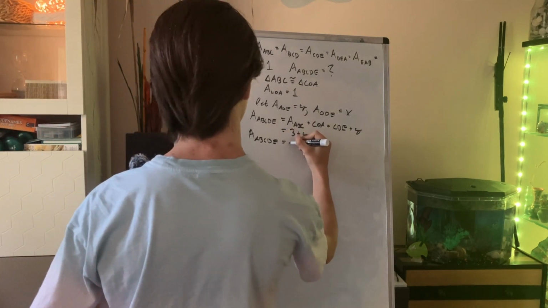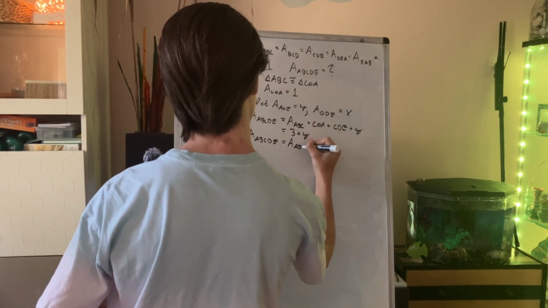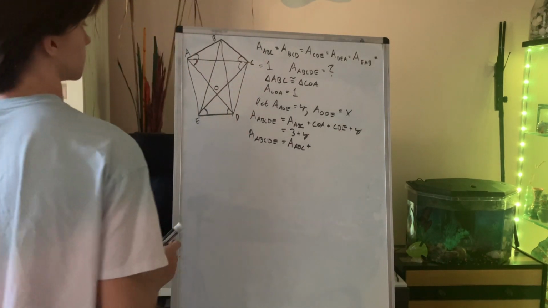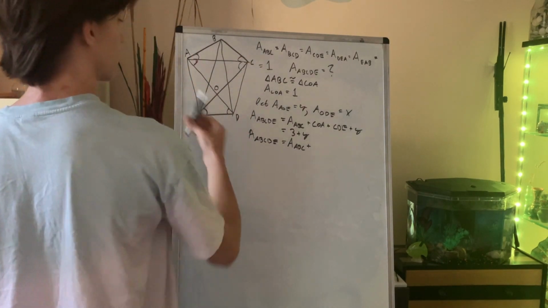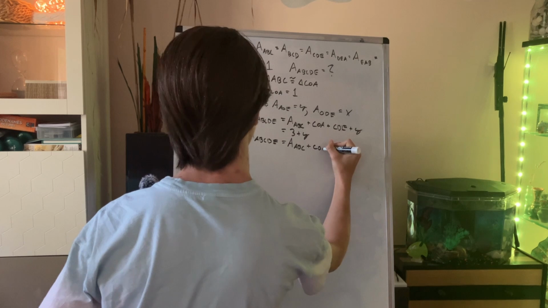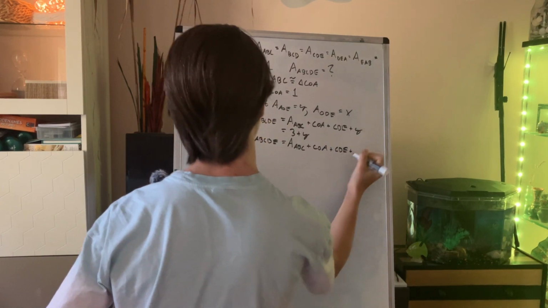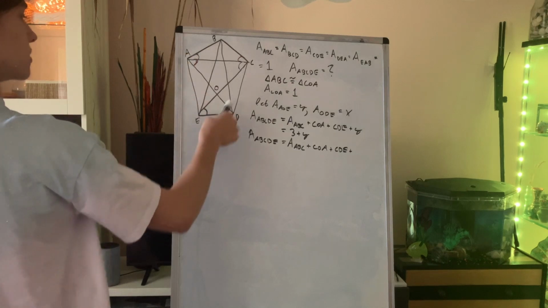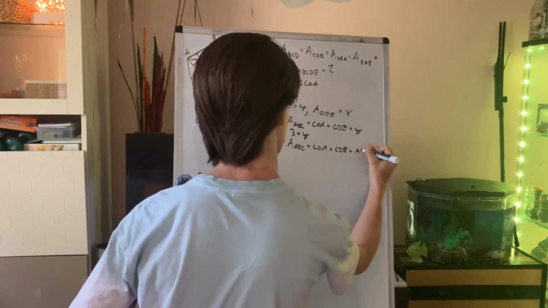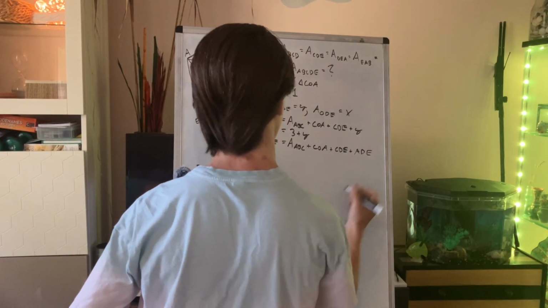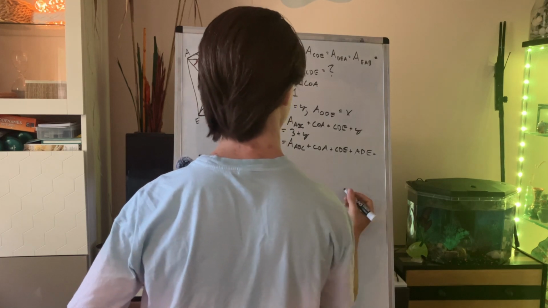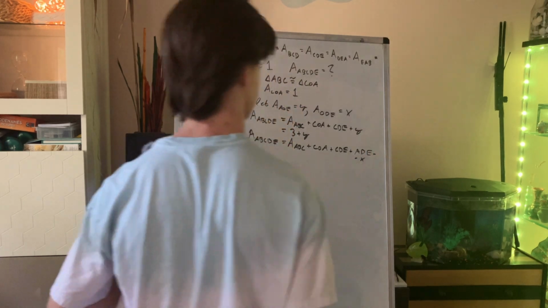It's again equal to the area of ABC plus COA, the middle one, plus CDE, but then we're going to have plus ADE, and it's going to be minus x.